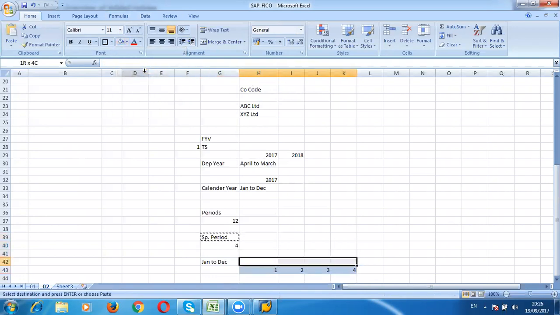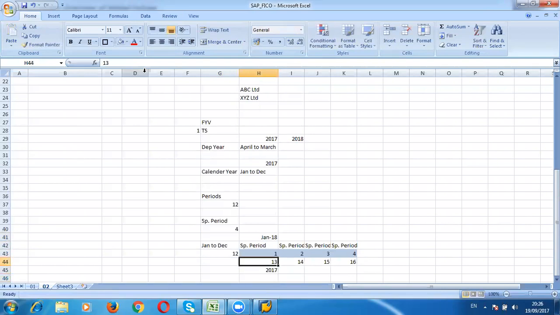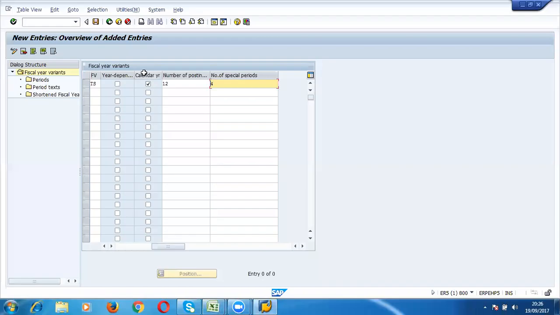So 4 are special periods and 12 are normal periods. They are numbered 13, 14, 15 and 16. When you post in period 13, even if you are posting an entry in January 2018, the system will post the entry in 2017. That is the use of the special period.